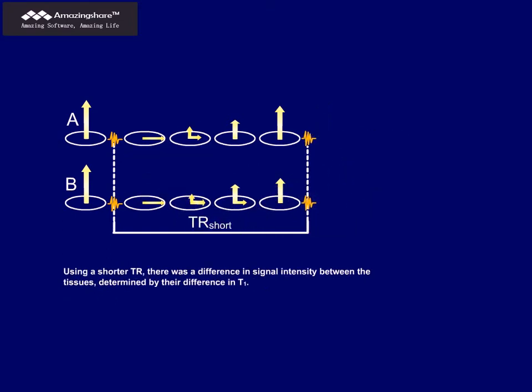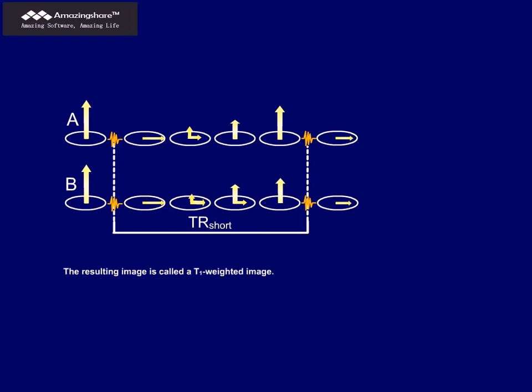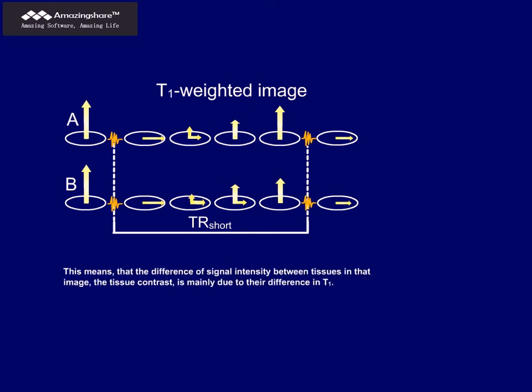Using a shorter TR, there was a difference in signal intensity between the tissues, determined by their difference in T1. The resulting image is called a T1 weighted image. This means that the difference of signal intensity between tissues in that image, the tissue contrast, is mainly due to their difference in T1.